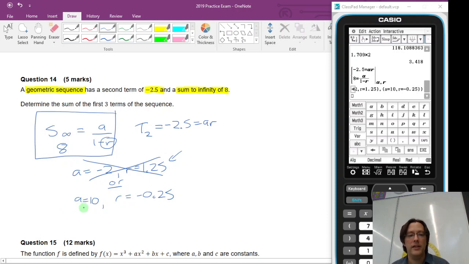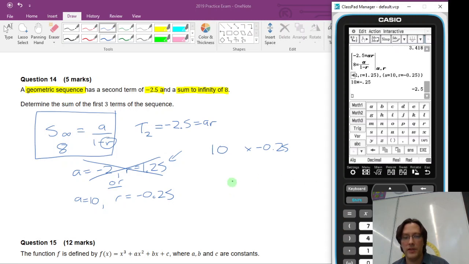This one, on the other hand, we start at 10 and our ratio is negative 0.25. We want to find the sum of the first three terms. We could use our sum equation, but if the first one's 10, the second one is 10 times negative 0.25, which is negative 2.5, so we already had the second term.